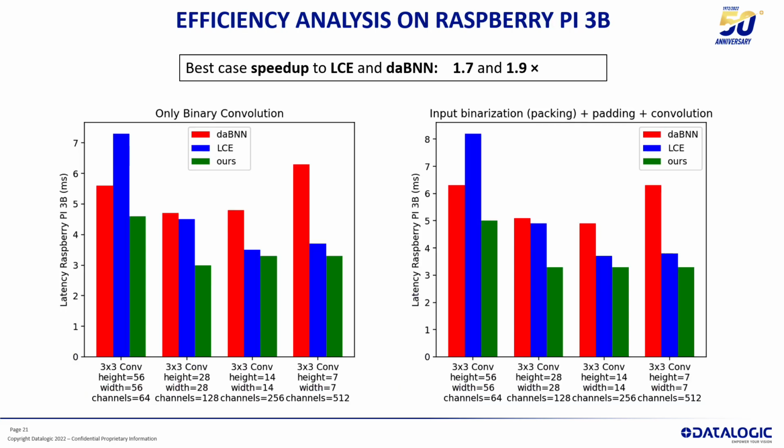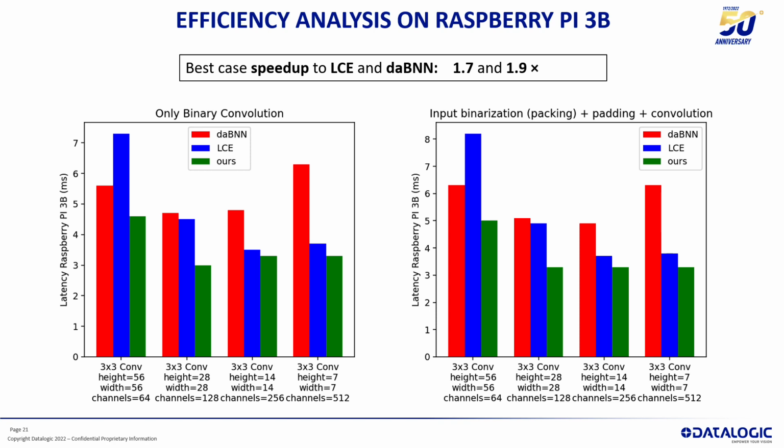We primarily addressed the Raspberry Pi 3B as the target platform, where we compared the inference time of LCE and BNN for different input sizes and channels, on the same input image sizes and channels.